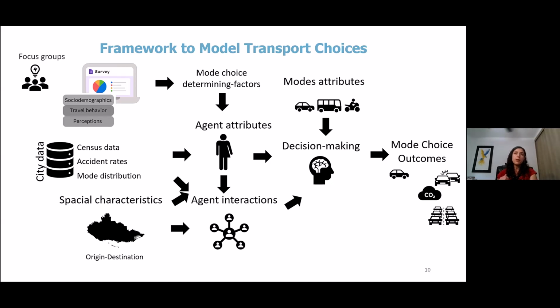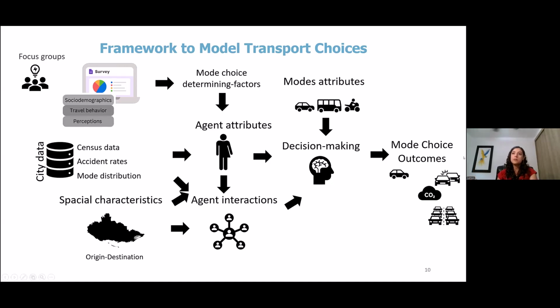In this case, we selected private cars, motorcycles, and public transit. In the city where we are going to see results later, we have bus rapid transit, the BRT. And all of this is influencing the decision-making process. So we have to define the behavioral rules for these agents to be able to forecast the mode selection.